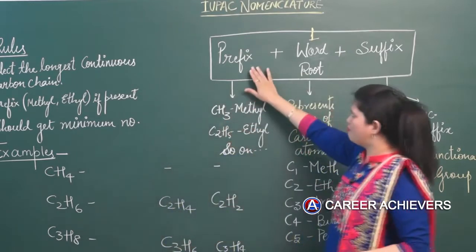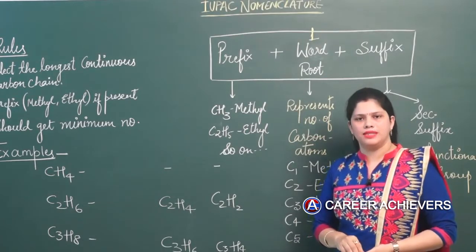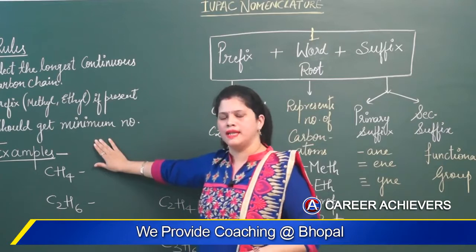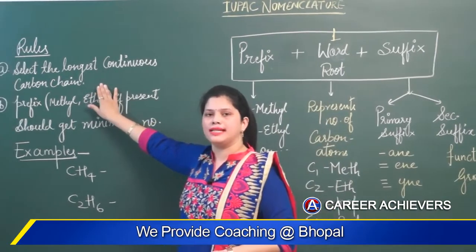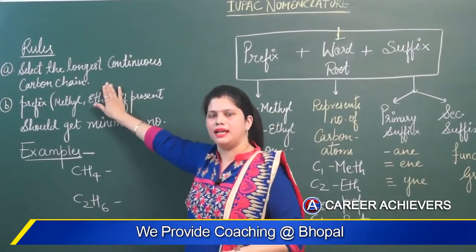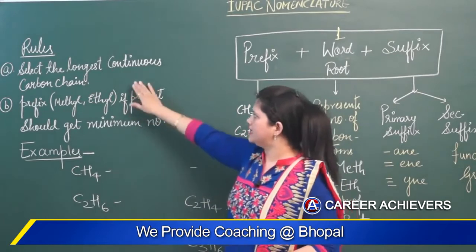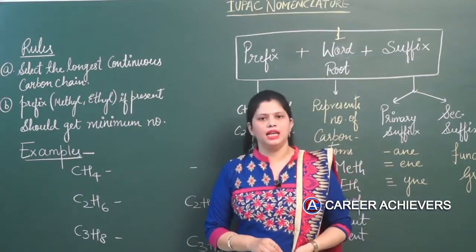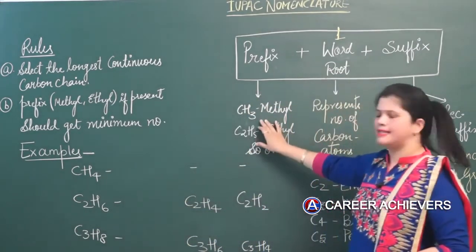If we talk about the prefix, when we take any example and solve it, following these two more rules for the 10th class, you have to select the continuous longest carbon chain. I'll take an example and explain how this is done. Once you select the continuous longest carbon chain, if any carbon is not included in that chain, it would be treated as a prefix.